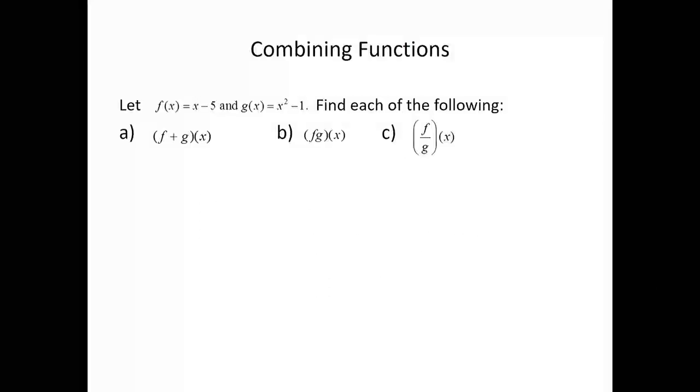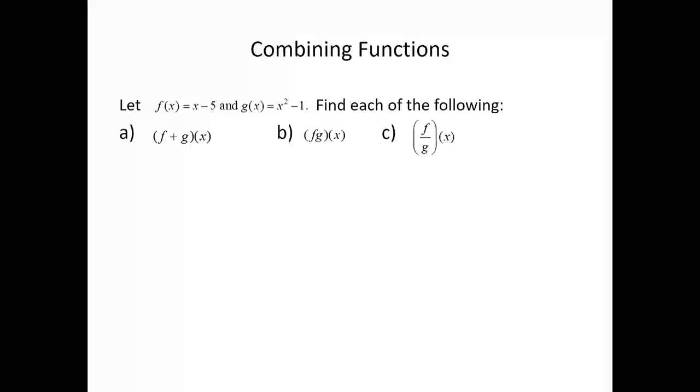So, combining functions. Let's assume that we have two functions, f of x, which is defined as x minus 5, and g of x is defined as x squared minus 1. So we're going to find each of these operations here, this sum.